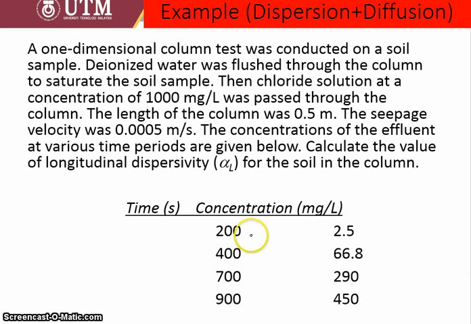Try to calculate the value of longitudinal dispersivity, alpha L, for the soil in the column. The times given are 200 seconds, 400 seconds, 700 and 900, with concentrations 2.5 up to 450 at the last one.